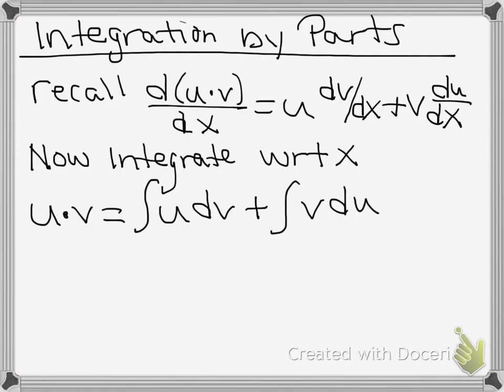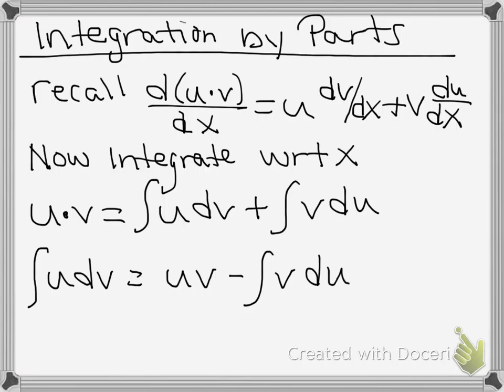In other words, if I were to solve for the integral of u dv, that would be uv minus the integral of v du. And this is our formula right here for integration by parts.